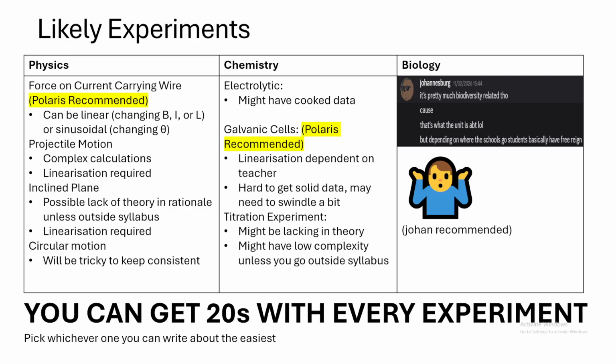With galvanic cells, this one is Polaris recommended. It depends on your teacher and your aim of the student experiment, with what you're measuring and what your graphs will look like. So Polaris himself said that he did galvanic cells, and I believe he did something related to the Nernst equation, which used a logarithmic function.